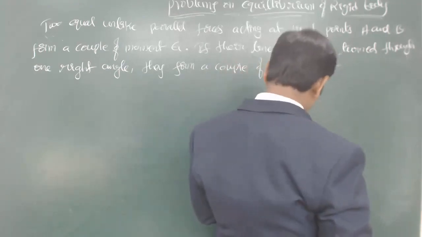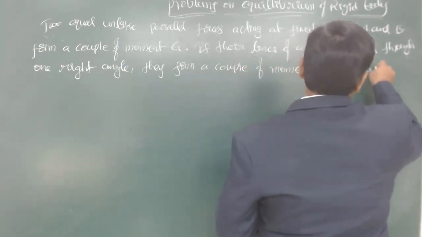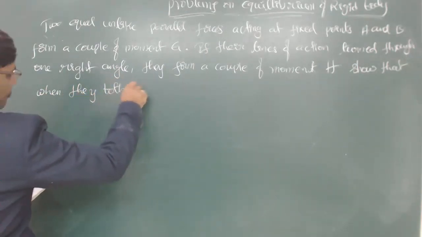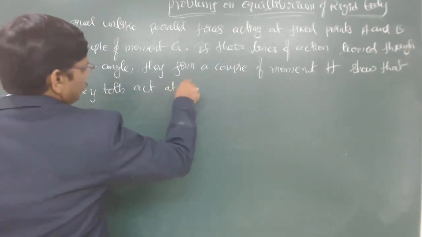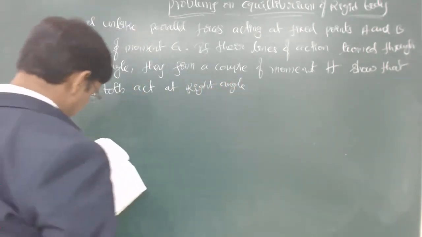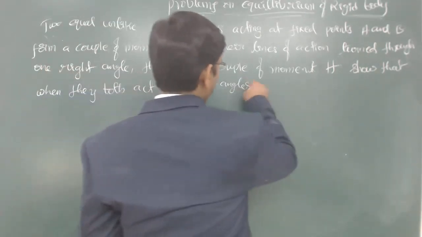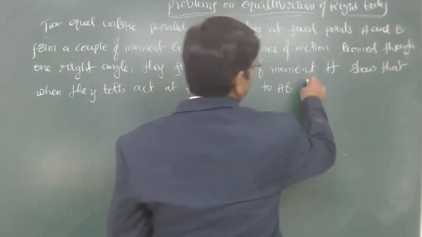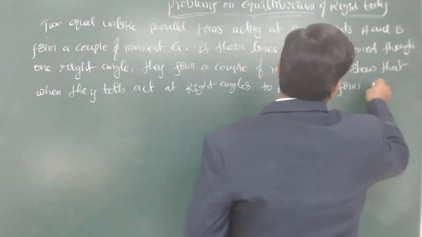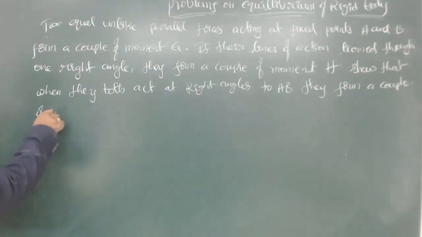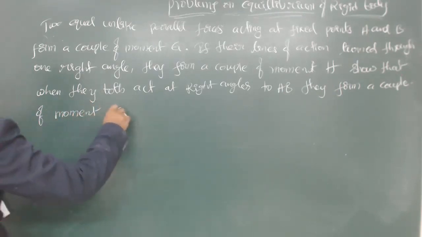Show that when they both act at right angle to AB, they form a couple of moment square root of G square plus H square.